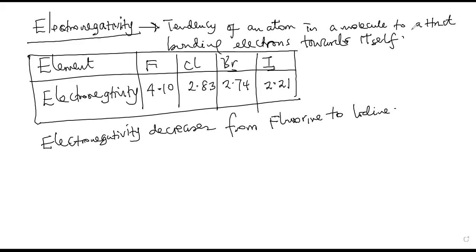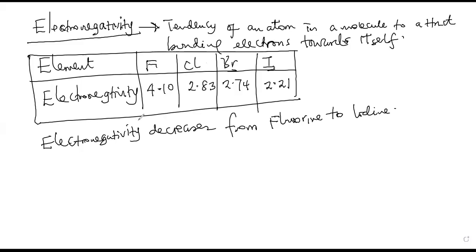Now, the tendency to attract bonding electrons depends on whether electrons are nearer to the nucleus and attracted to it, or far away. So you need to know that from fluorine to iodine, I can describe this and maybe you phrase it. From fluorine to iodine, the nuclear charge increases, screening effect also increases because an extra energy level completely filled with electrons is added from one element to another.